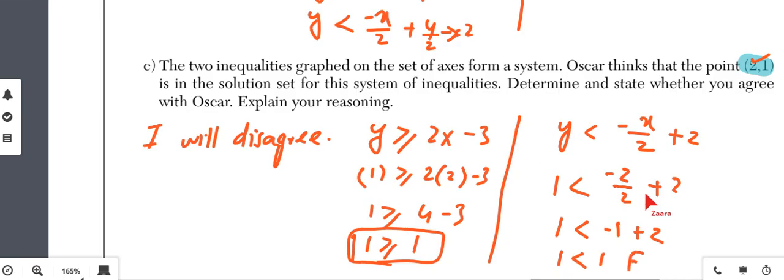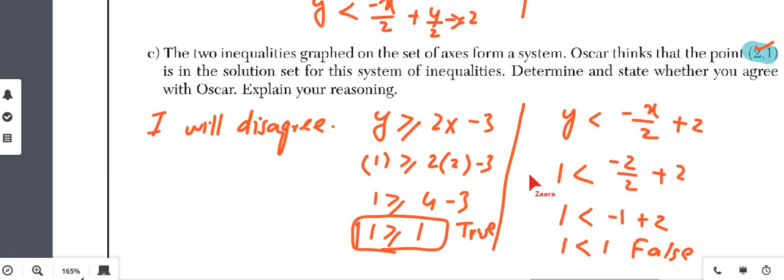This is false. This one is true, right? So because this point is not satisfying this inequality, that means this point is not a solution for the system of inequalities. These are basically linear inequalities.